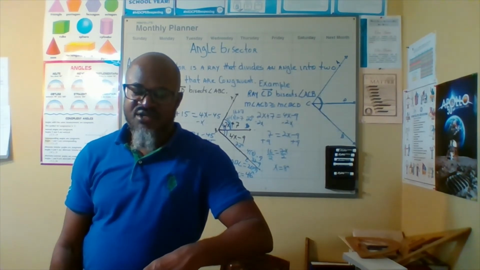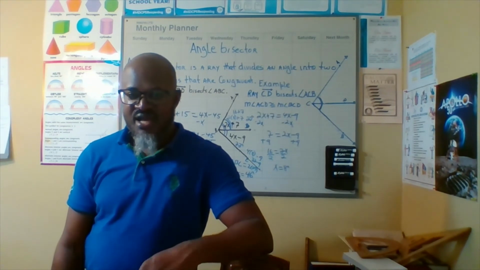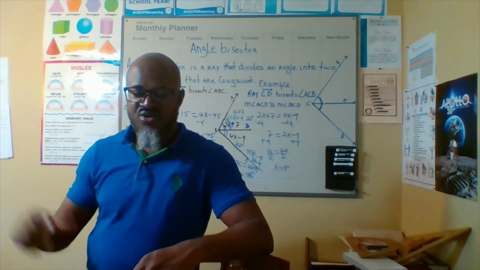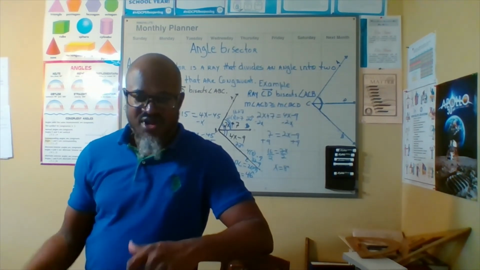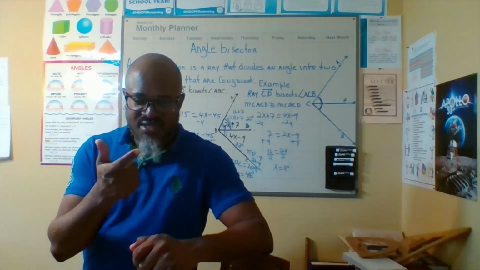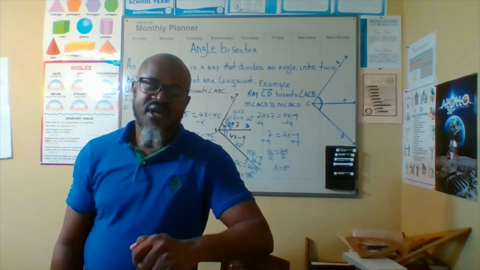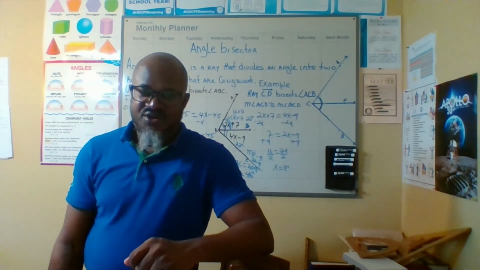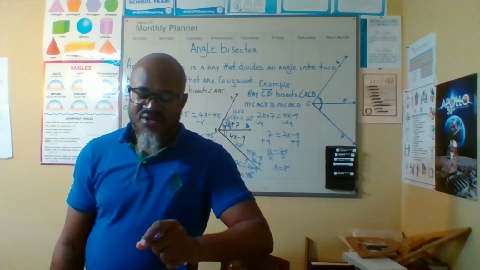Angle addition postulate is when you add the two angles, you let it equal the entire angle. But a bisector splits the angle into two equal parts. That does not happen in angle addition postulate. They're not supposed to be equal.